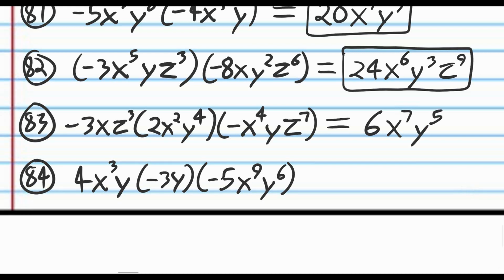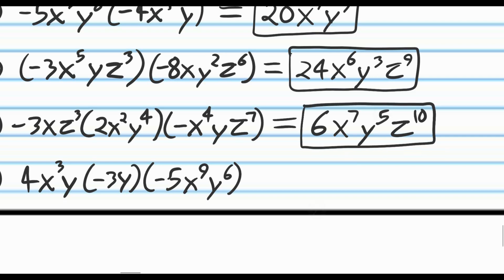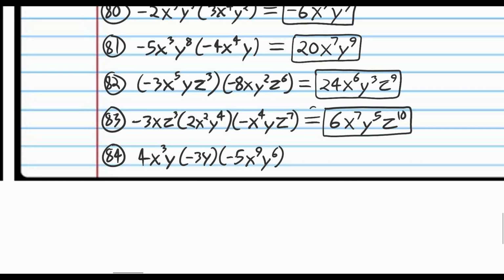Be careful. A lot of students will not see this y here. There's only one of them, but it's still there. And we have z to the 10th. So if you got that answer, good job. Again, be sure to write your equal signs and be sure to rectangle your answers.